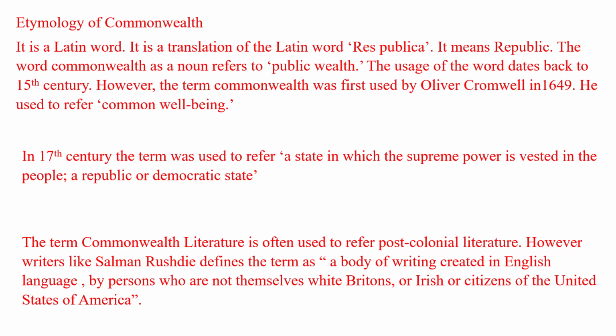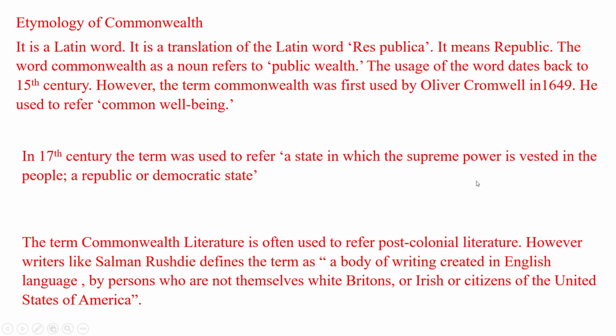So it's a Latin word. In Latin, it was res publica. When it came to English, it is republic. When this republic was loosely translated, it was given the name Commonwealth. The word Commonwealth as a noun refers to public wealth, common to all.